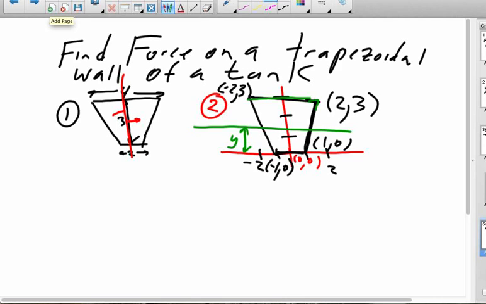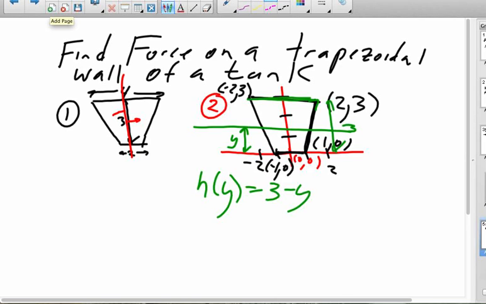Find the force on the tank. Well, obviously you need the force on the tank to make sure it doesn't break. So my depth for this slice is going to equal 3 minus y, since this is 3. Okay, so we've got that.